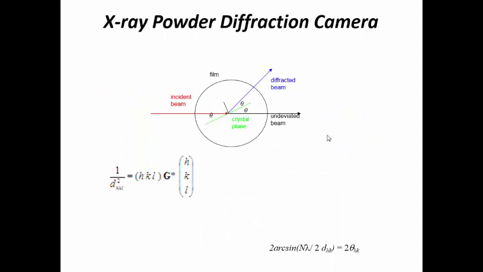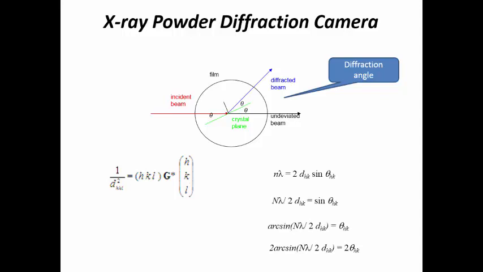So another way of going back, remember we have 1 over d squared is equal to h k l times G star times h k l, and we have done that in chapter 5, and we'll be using that when we put together the diffraction pattern. So here we have Bragg's law.